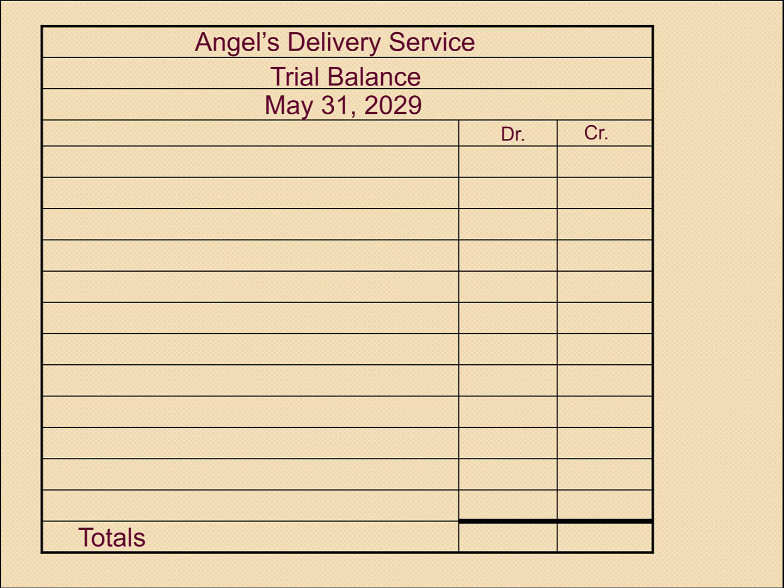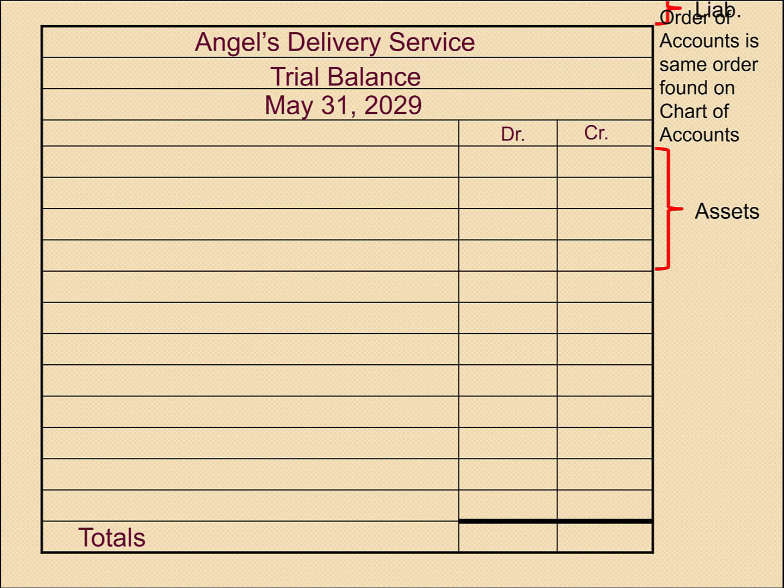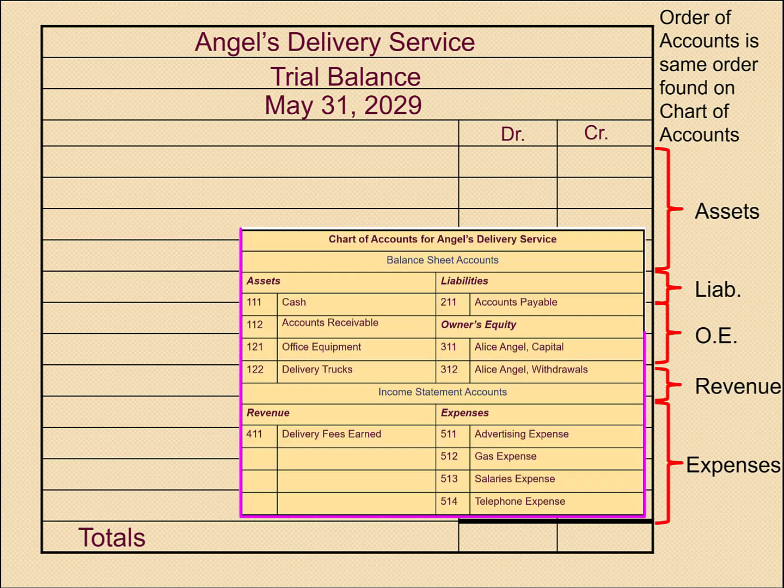It's the same order that's found on the chart of accounts, which is assets, and then liabilities, and then owner's equity, and then revenue, and expenses are always last. So let's look at our chart of accounts, and then we're just going to list the accounts in the order from the chart of accounts.